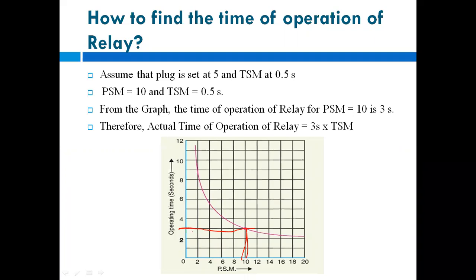But when you are doing the calculation, the actual time of operation will be 3 seconds into your time setting multiplier, because here the multiplier is 0.5 seconds. So for 3 seconds you have to multiply by this TSM, that is 0.5.